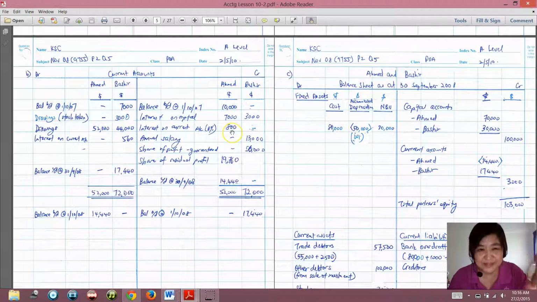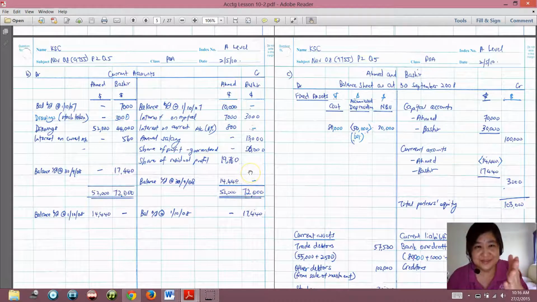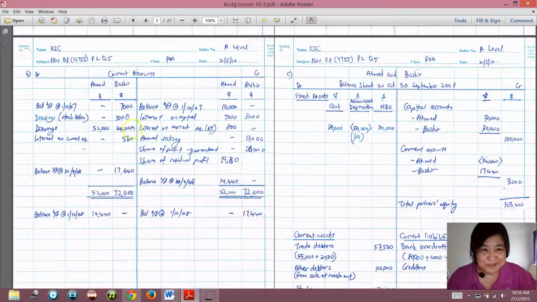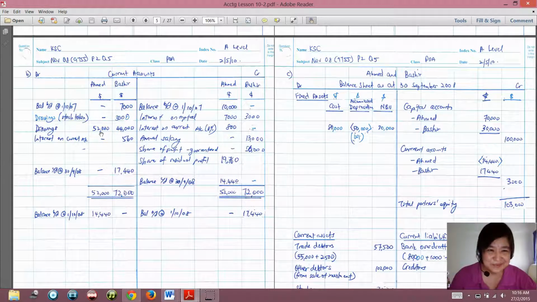If you credit the partner, the partner will be happy, because he will have more money in his current account. But if you debit the partner, he is not happy, because that means he has less money inside the company.